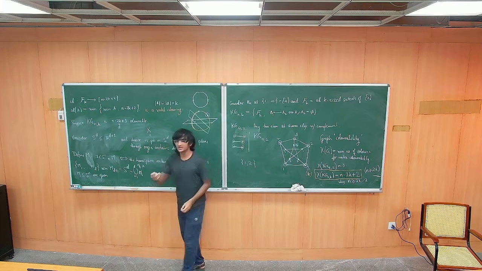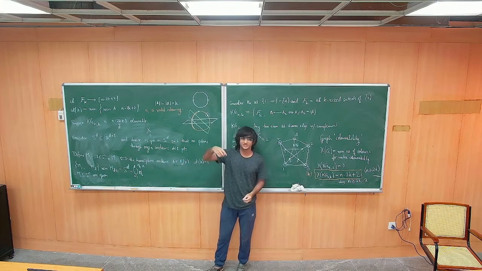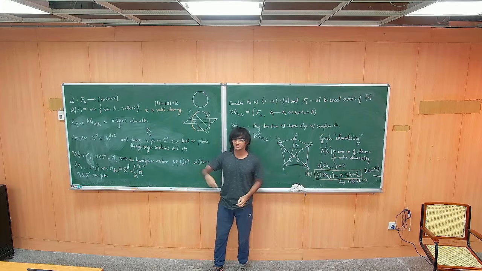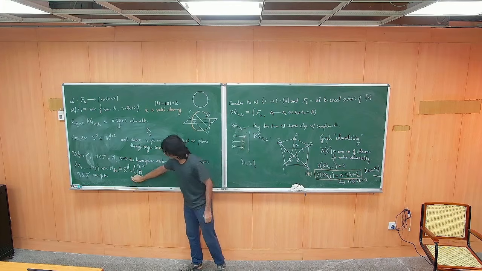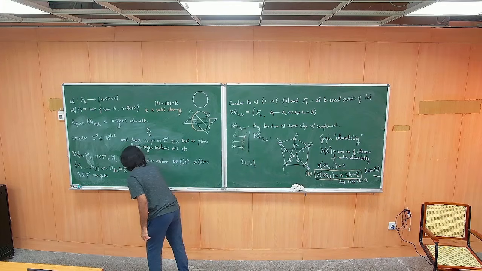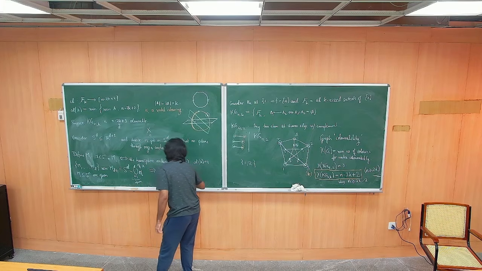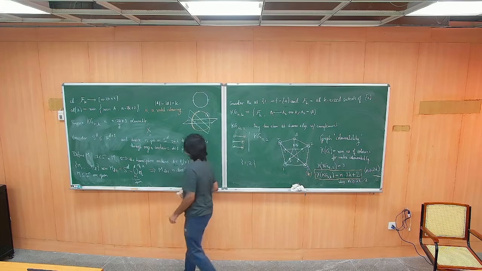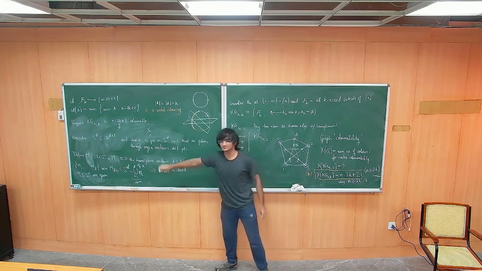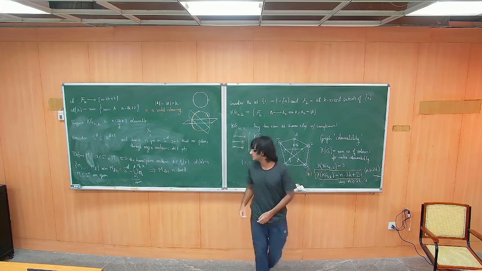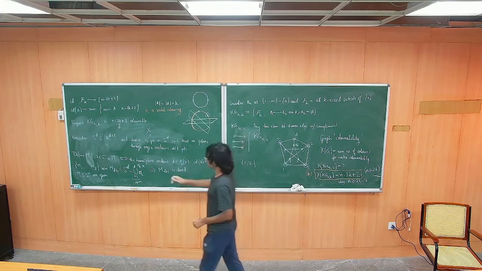I told you that complements of open sets are closed and complements of closed sets are open. This is an open set. This is some abstract topology. You can ignore it. So I have a mixture now.